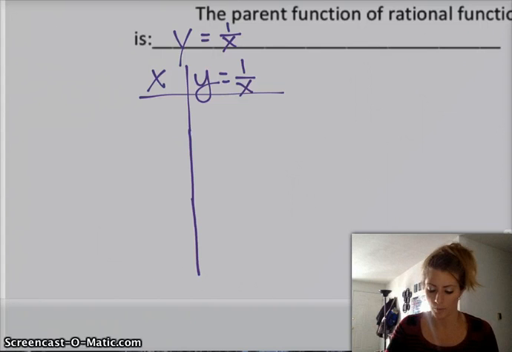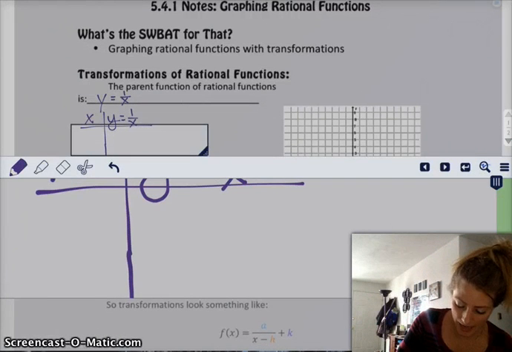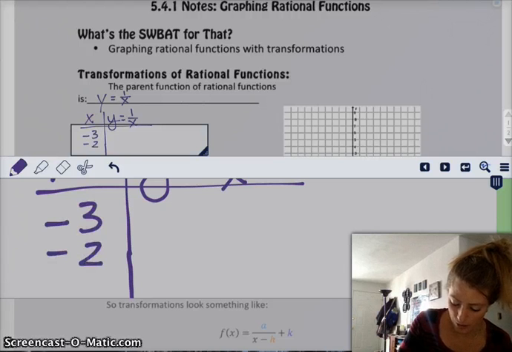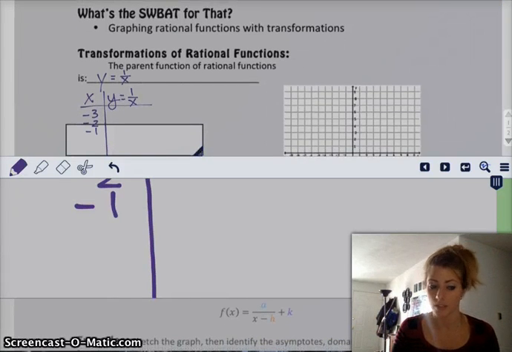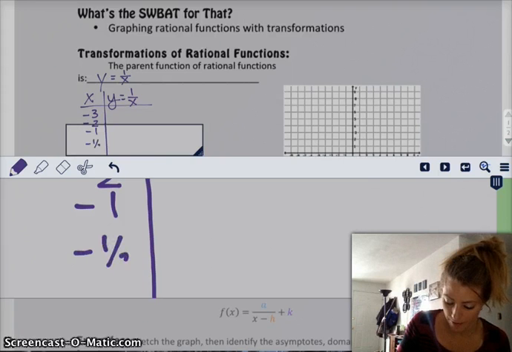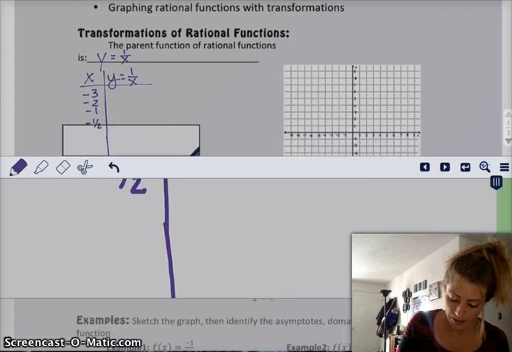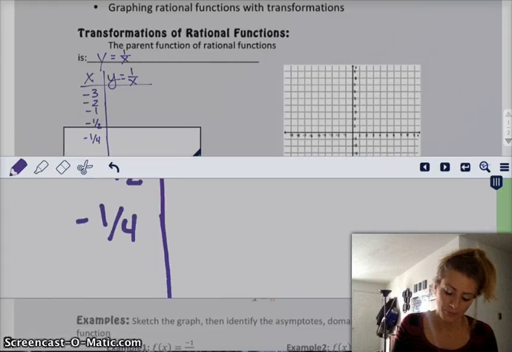So I'm going to start with, let's go -3, -2, -1, and then because it can't equal 0, bad things happen. So I'm going to pick -1/2. And then a little closer to 0 is -1/4. So let's do that.